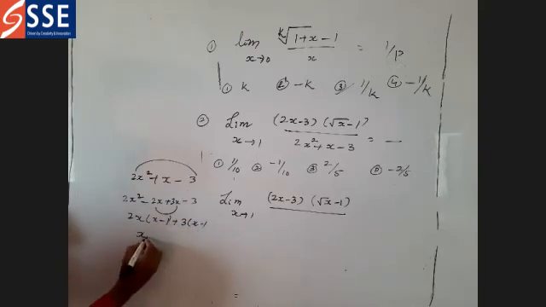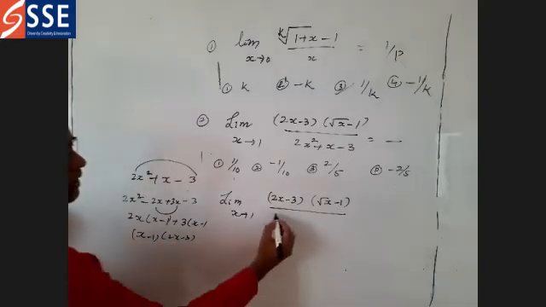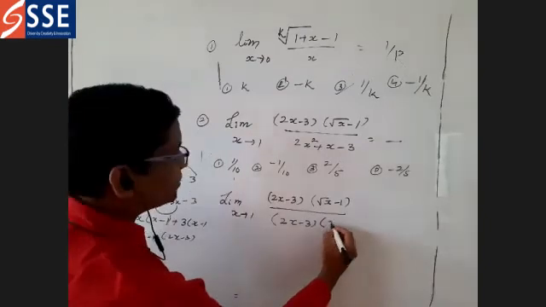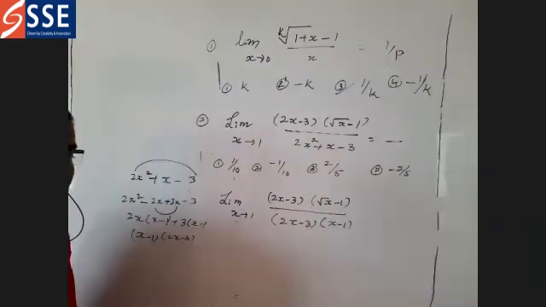How can you write this as factors? 2x minus 3 into x minus 1. Is it done?